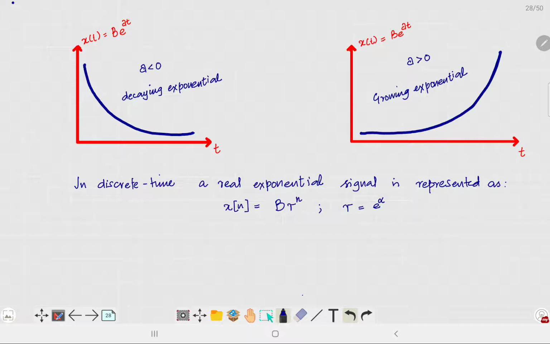Now again, the value of r will determine the nature of the exponential. If we have 0 less than r less than 1, then we have a decaying exponential.